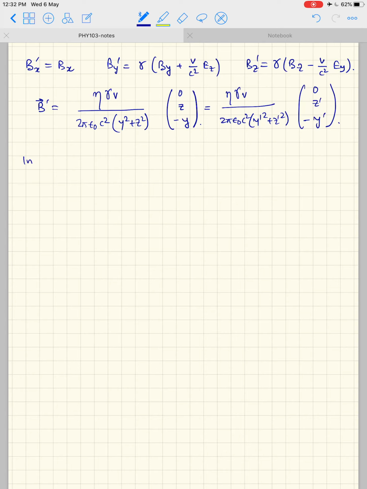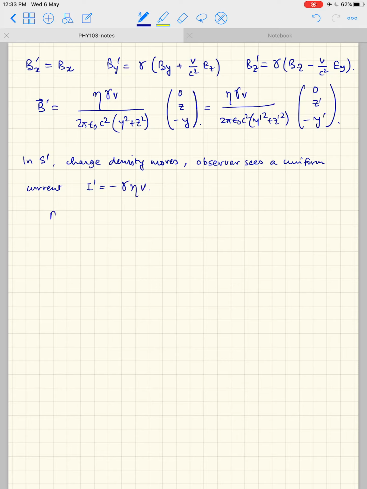So in S prime, the charge density moves, so the observer sees a uniform current. So I prime is equal to minus gamma eta V.